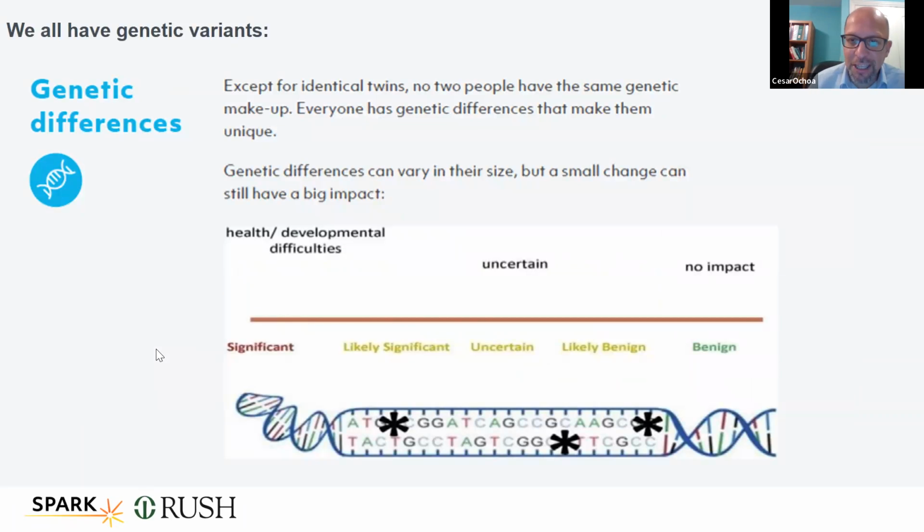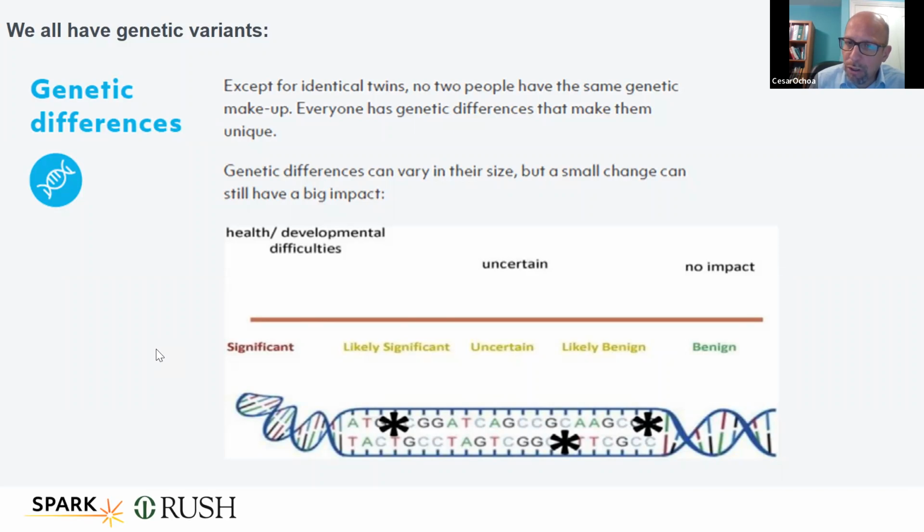Interestingly, things are not black or white. You have some genetic variants that are very significant, that code for critical proteins, and if the individual doesn't have that protein, that may lead to autism or a significant neurodevelopmental disorder.